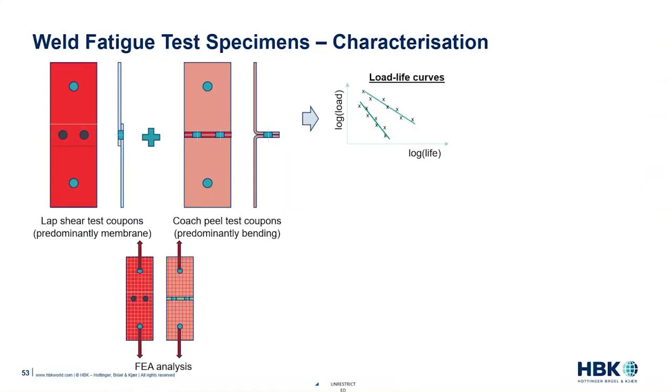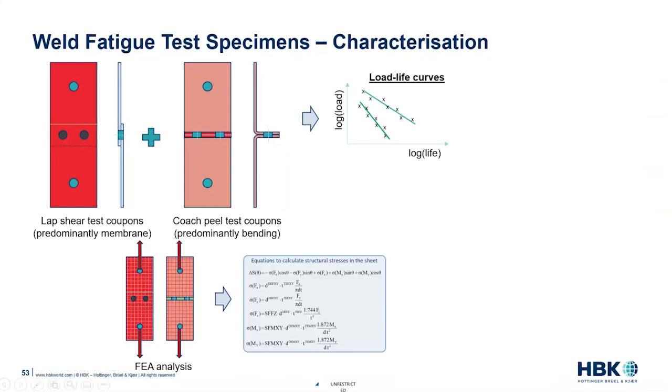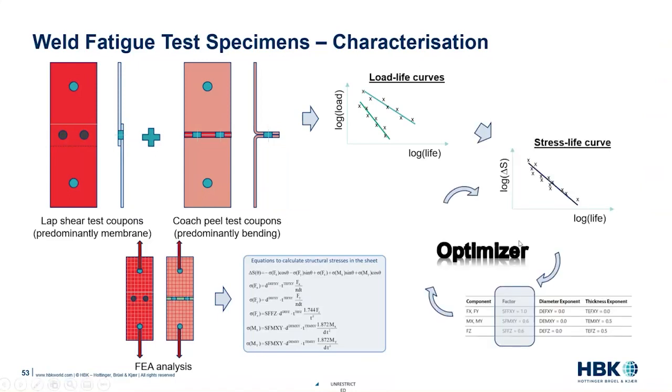And the characterization is developing those into their load life curves using the equations for the structural stresses, and then optimizing those to calculate the actual stress life curve that's going to be used for a given fatigue cycle.